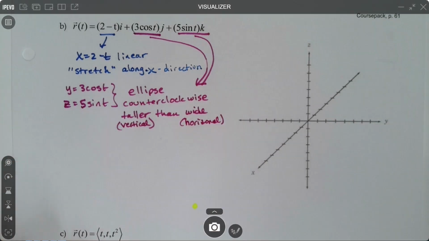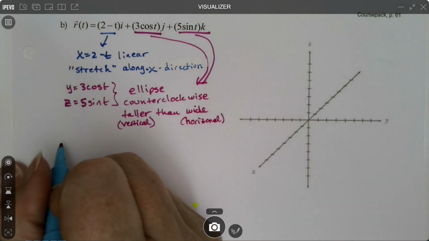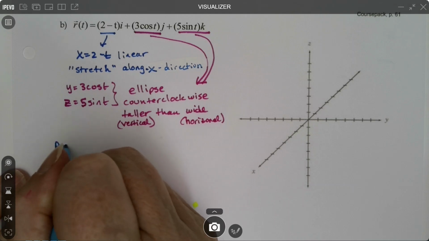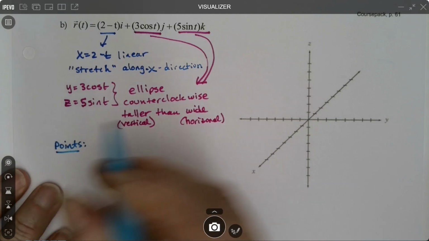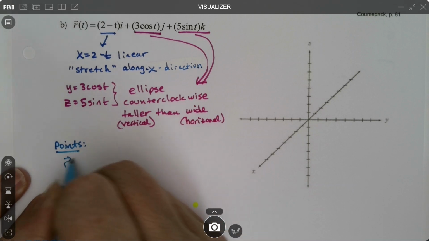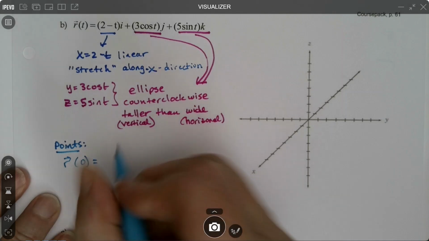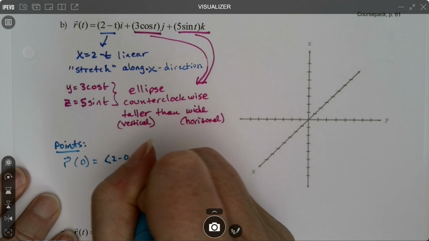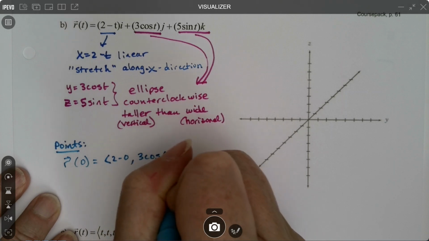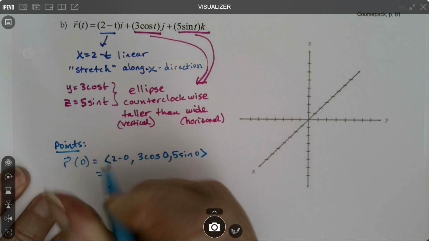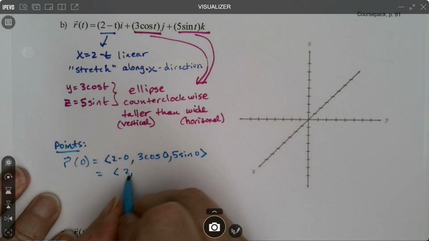All right, again, let's give ourselves a starting point here, just someplace to start with the drawing. So let's give ourselves maybe a couple points. If I put in r of 0, I would get 2 take away 0, 3 cosine of 0, 5 sine of 0, which would be 2, 3, 0.